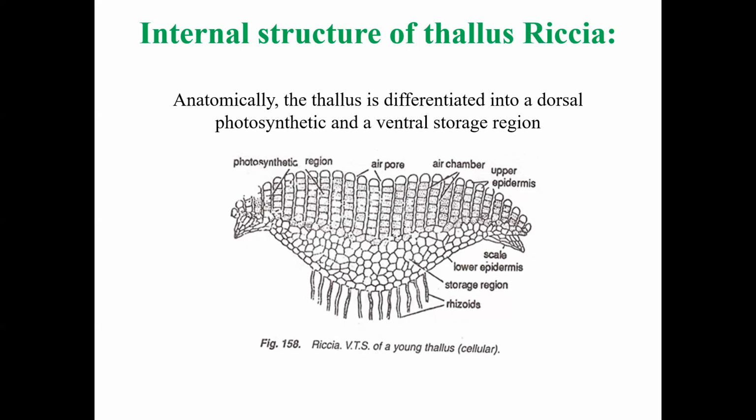From the single-layered epidermis of the ventral surface, several unicellular rhizoids, smooth-walled and tuberculate, and multicellular scales are given out.